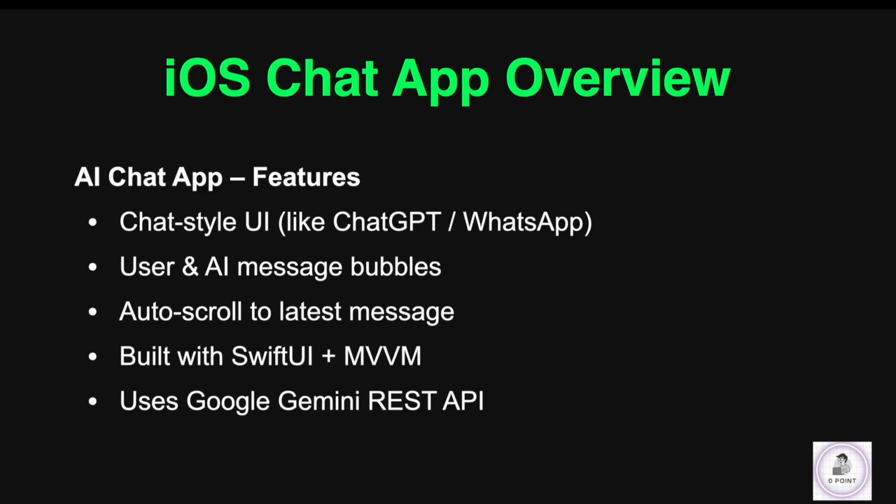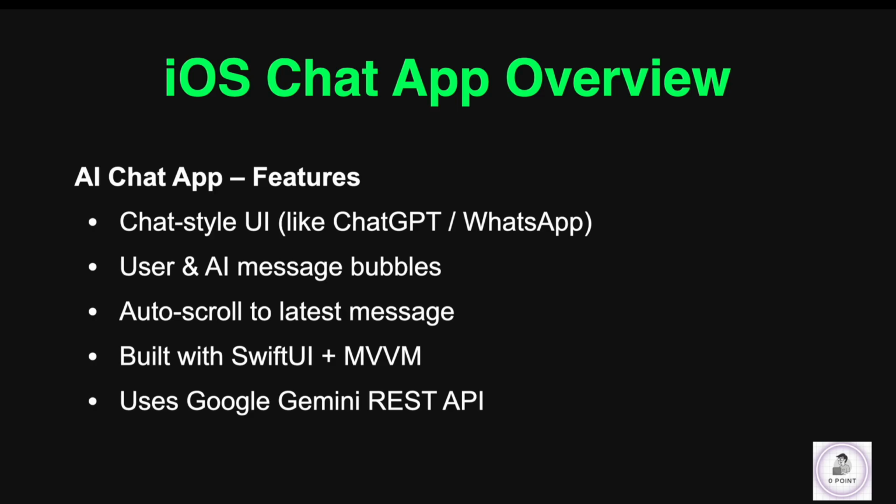Over the screen, you can see that we are creating a chat-like UI, like WhatsApp or ChatGPT, and we also show the bubble-form messages, and it will scroll to the latest message. For example, you ask any question to the AI chat application, and then they give a response, and the response is quite large.